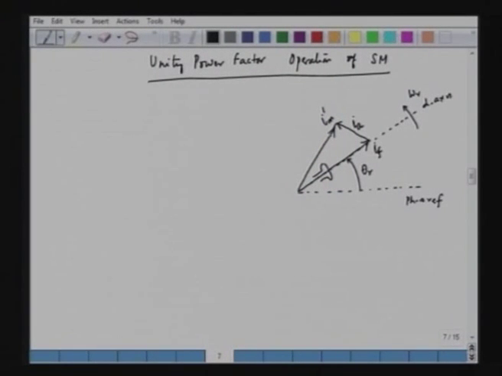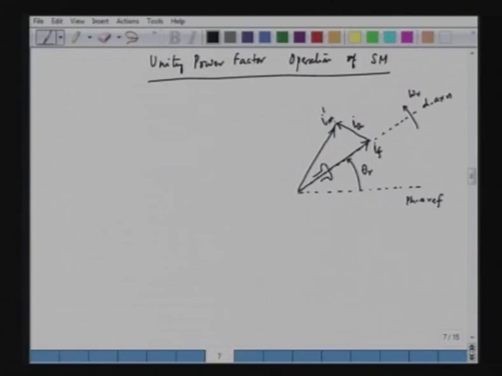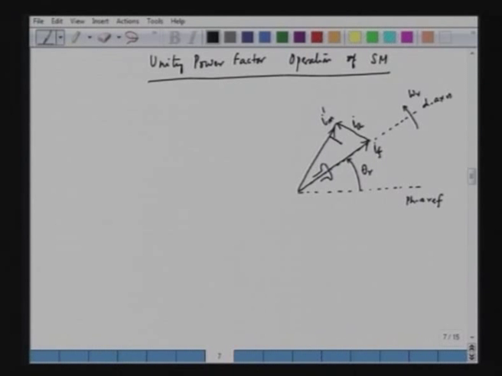As per the law of triangle, we have two sides of a triangle and the third one is Im, and this armature current is so controlled that this angle is 90 degrees. The angle between IA and Im prime is 90 degrees. Now, there is a reason behind it. This Im prime is the magnetization current which will be producing the stator flux linkage.